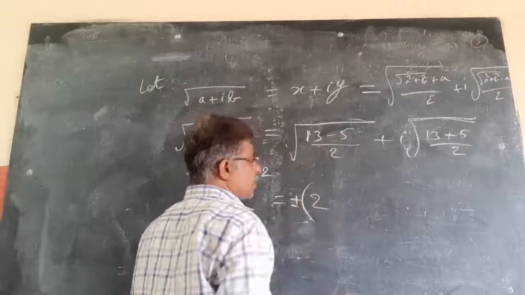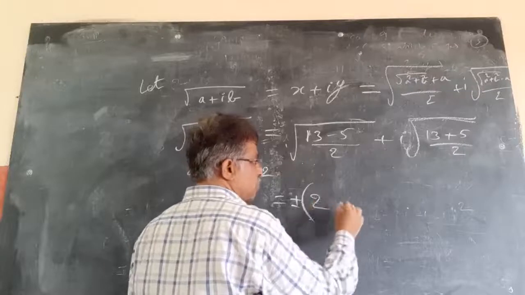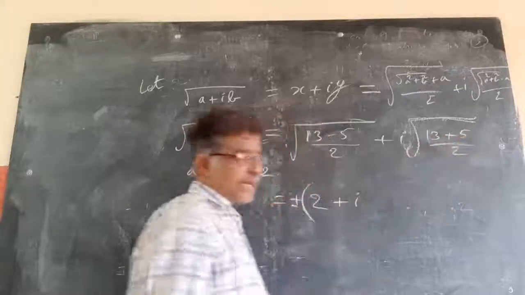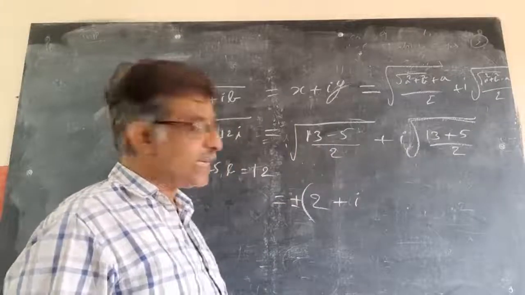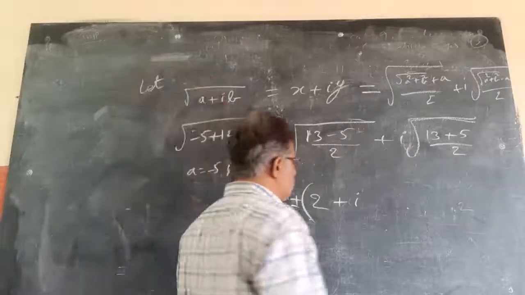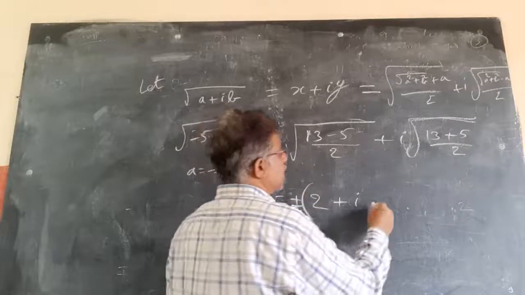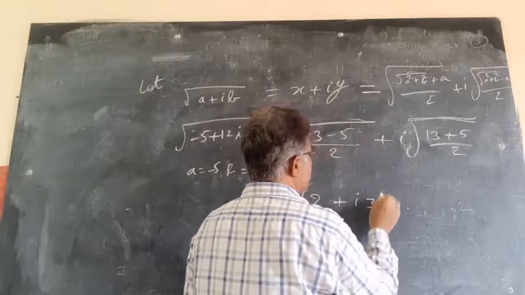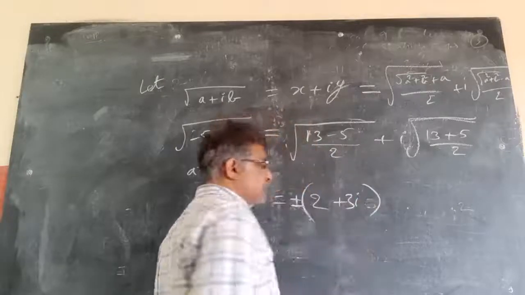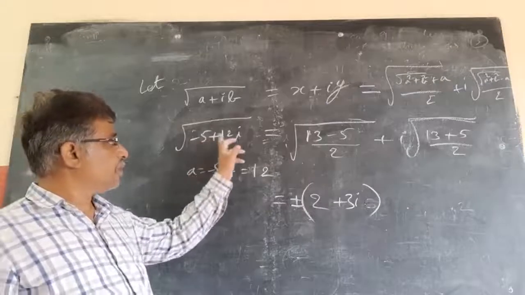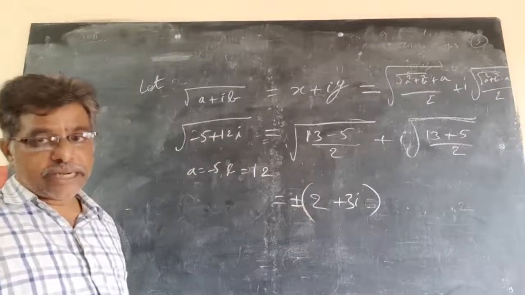Plus or minus I will always write outside. Plus or minus 2, plus i into the root of 13 plus 5 by 2, which is 18 by 2, root 9. Root 9 is plus or minus 3. So we get 3i. Plus or minus 2 plus 3i is the square root of minus 5 plus 12i.